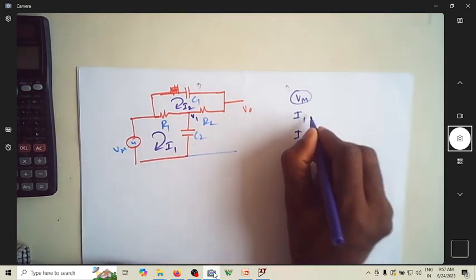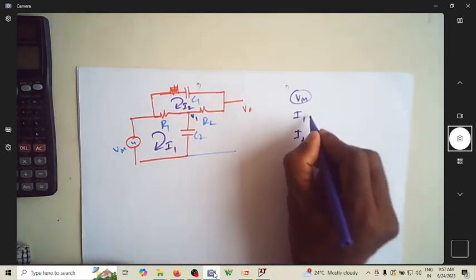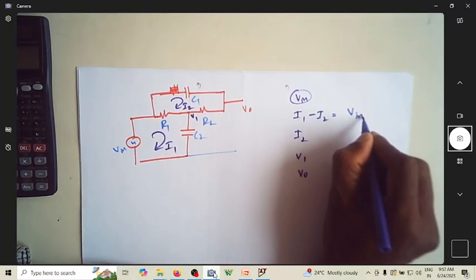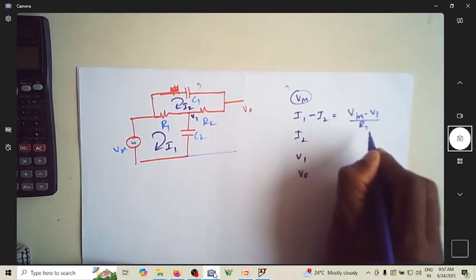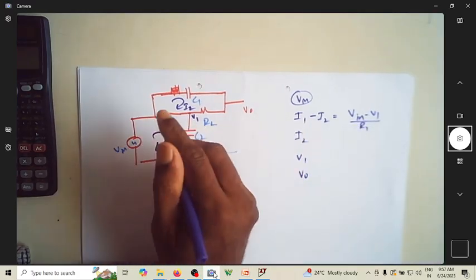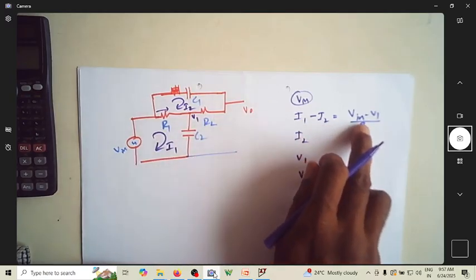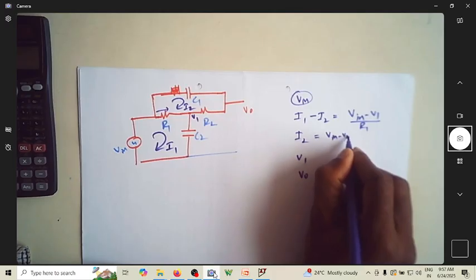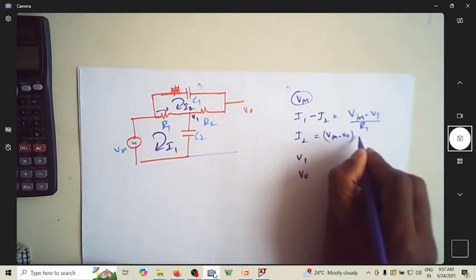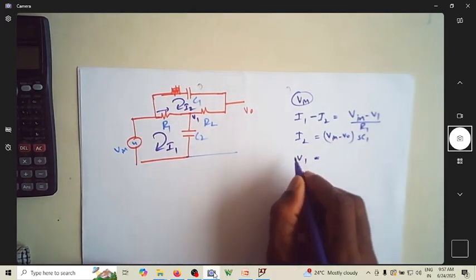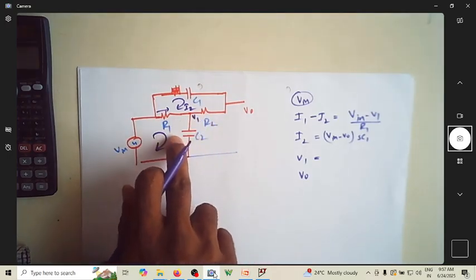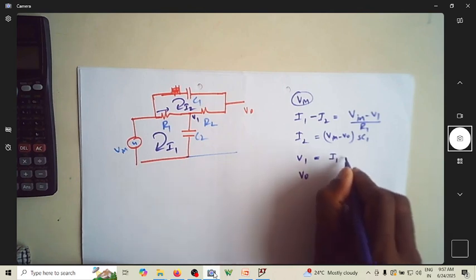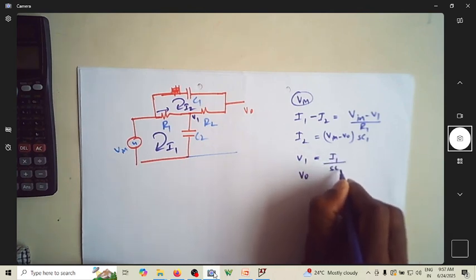So now you have I1 minus I2 equal to V in minus V1 by R1. This is the current flowing through this, I1 minus I2, which is given by this. But I2 is V in minus V0 divided by the impedance of this, which is SC1, and V1 is the voltage drop across this, so it is I1 into 1 over SC2.